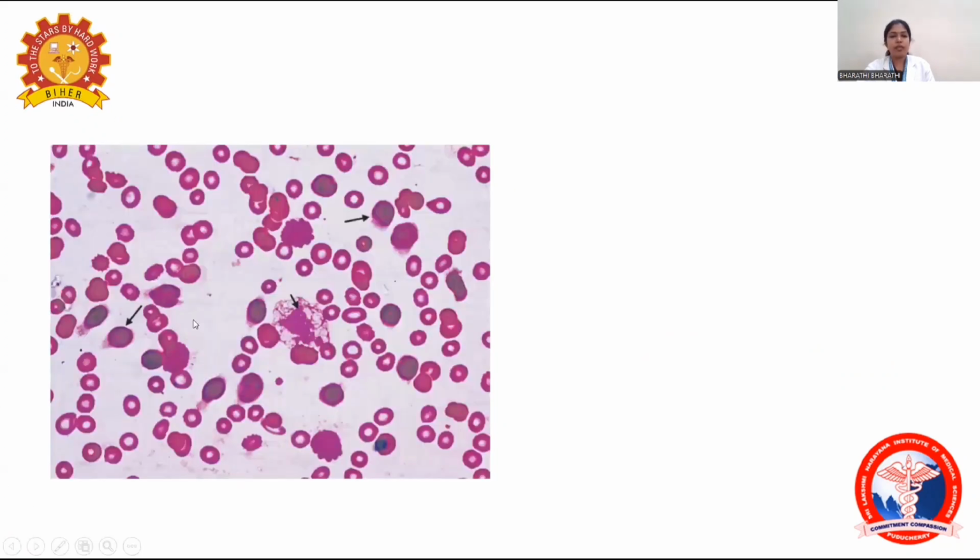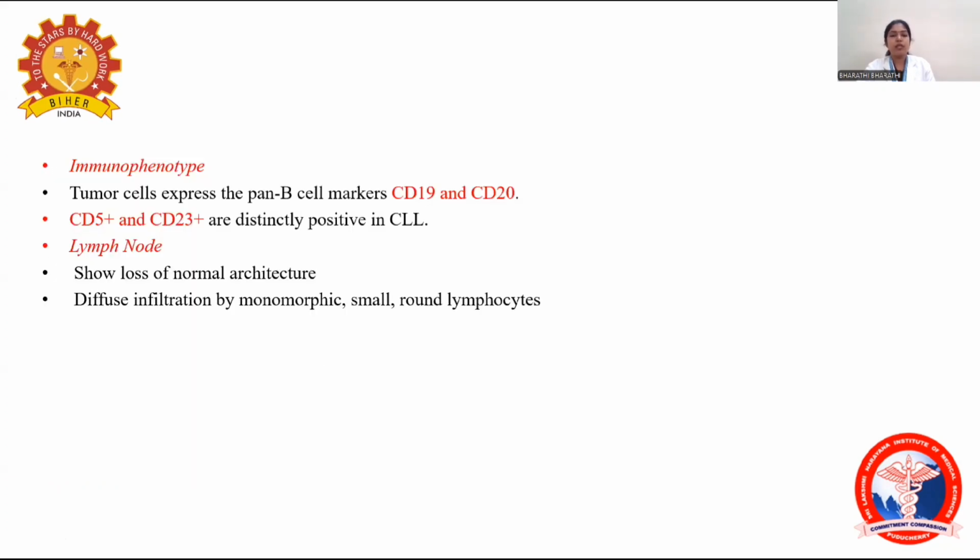This is the peripheral smear picture in a patient with CLL, where you can see smudge cells. This is the smudge cells, and the peripheral smear constitutes mostly of lymphocytes. The most common immunophenotype in this case is CD5 and CD23. The tumor cells express pan B cell markers like CD19 and CD20.